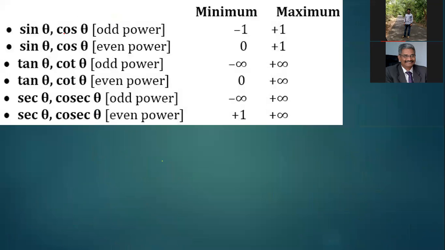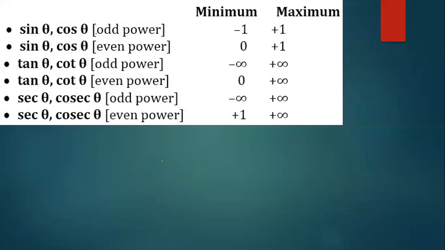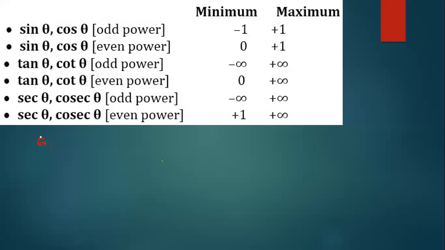Sine theta, cos theta is given. Karthik, yes, good listening. Sine theta, cos theta. So, what is the minimum? Minus 1. Maximum is 1. I'm giving an example. Immediately see. Example. Suppose sine cube x, cos power 5x.